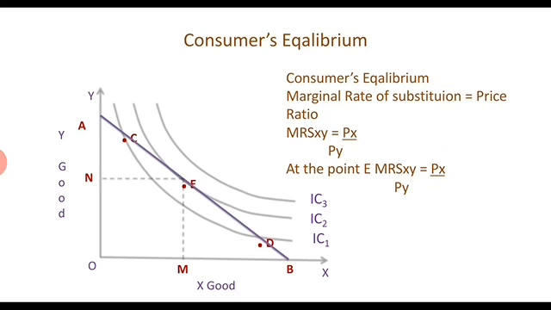At consumer's equilibrium, the marginal rate of substitution is equal to the price ratio: MRS of X for Y is equal to Px by Py. At point E, MRS of X for Y is equal to Px by Py.